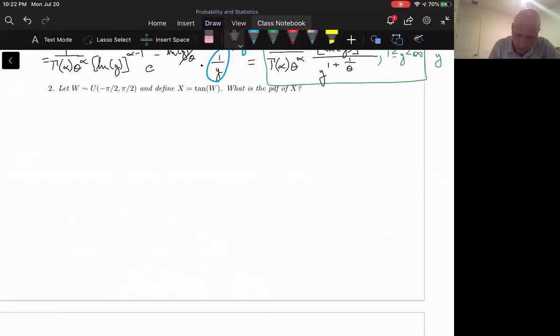So using the CDF approach, this means I want capital F of x, which by definition of CDF is the probability that x is less than or equal to little x. So this is under the distribution of x. We know that x is tangent of W. So I'm going to make that substitution now.